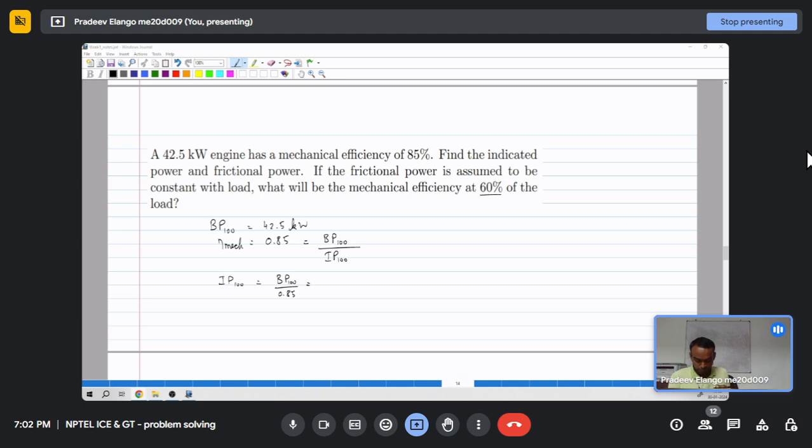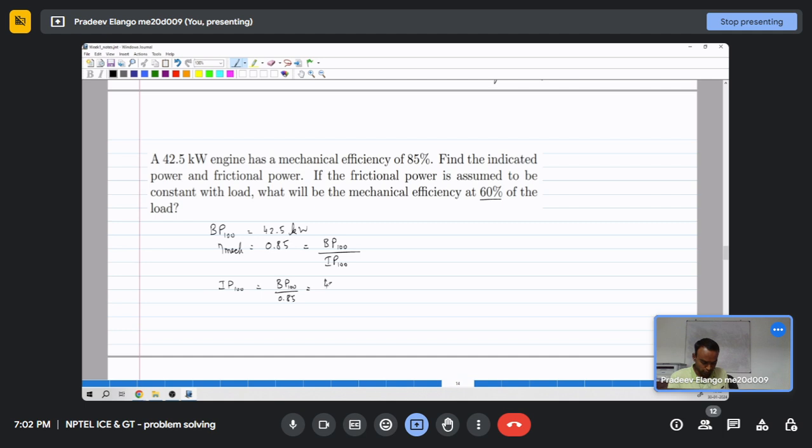So indicated power is brake power by 0.85. Brake power is 42.5 divided by 0.85. Answer this. Indicated power at 100% is 50 kilowatt.